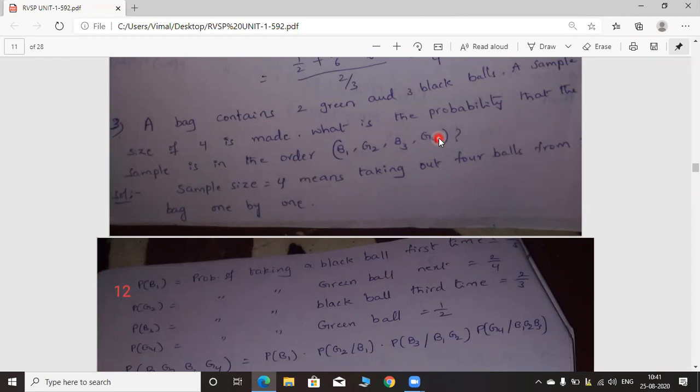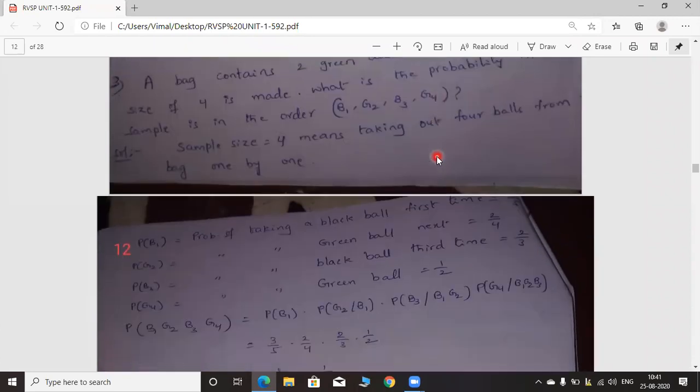If you pick a ball from the bag, we don't know which one we will get, but we have to find the probability for picking the balls in this order only. Sample size equal to 4 means taking out 4 balls from the bag one by one, one after another.